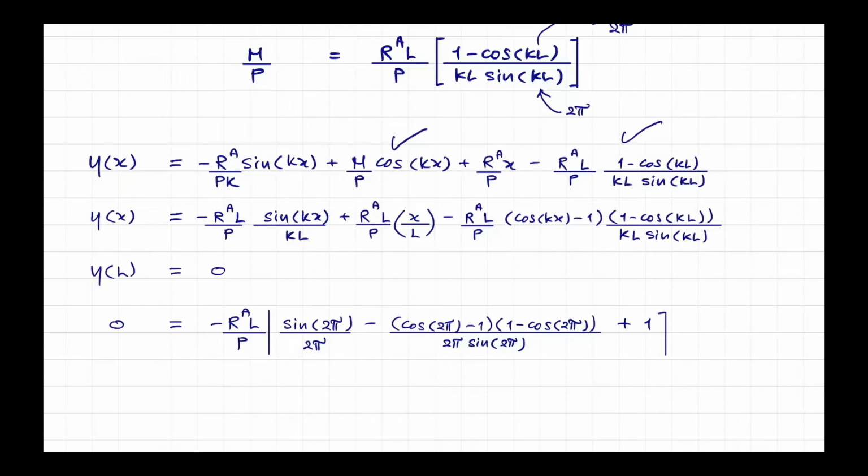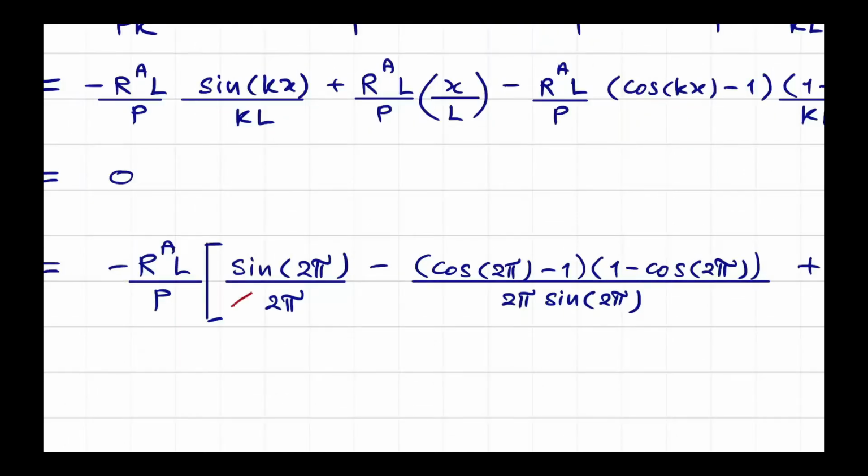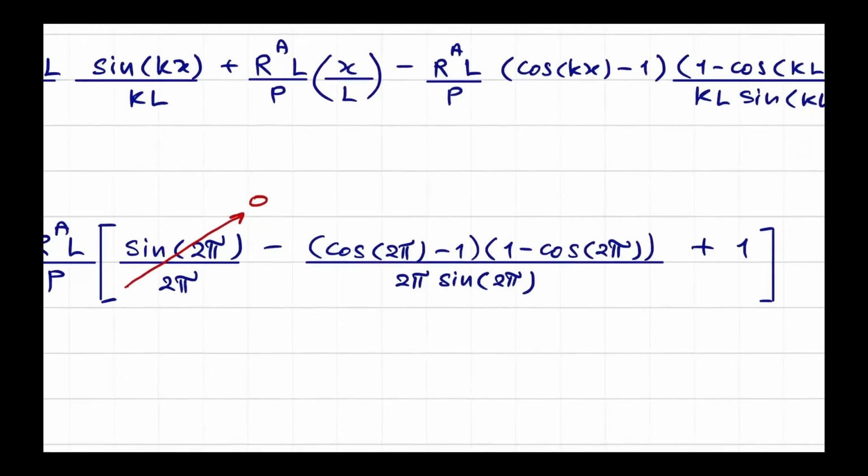Once you substitute x by L, this term here is 0, this is 0, sine 2 pi is 0.